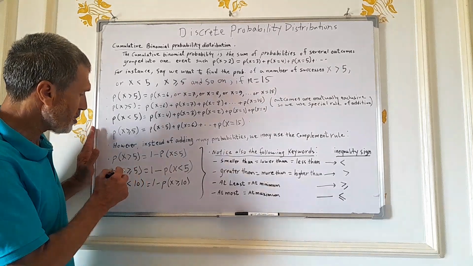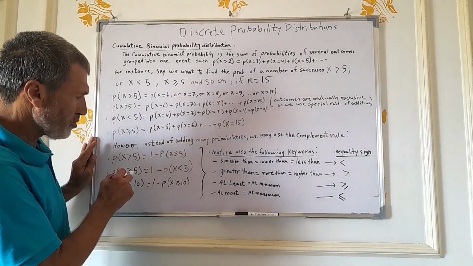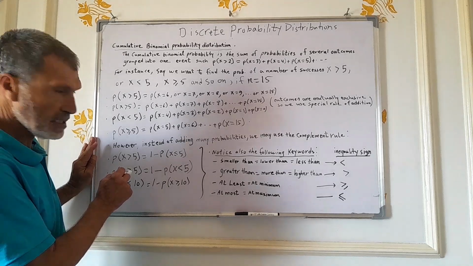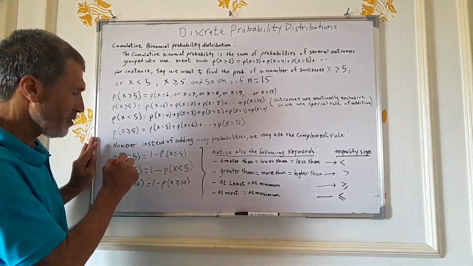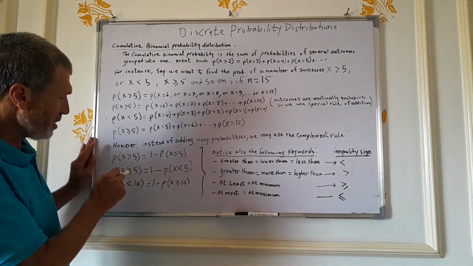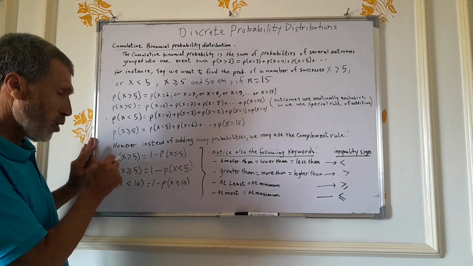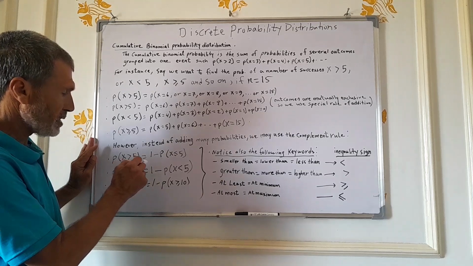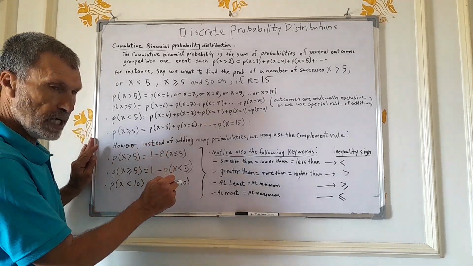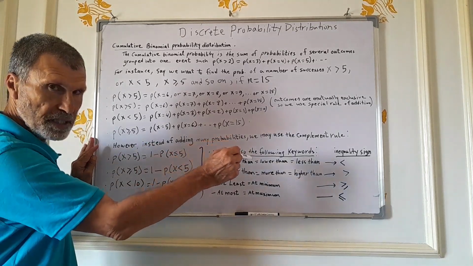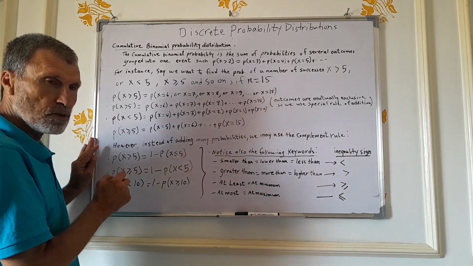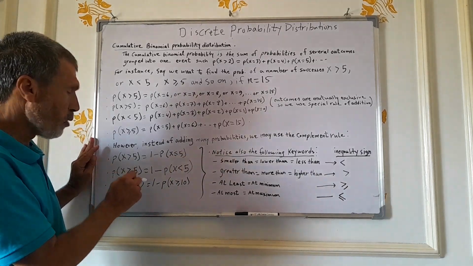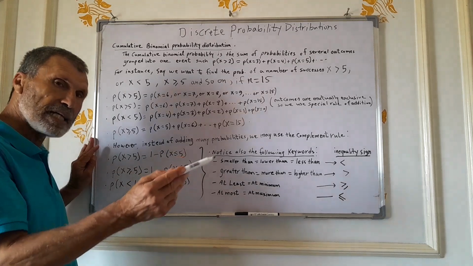Of course, for probability of x greater than or equal to 5, we're going to start from x equal 5. It's going to equal probability of x equal 5, because here it is greater than or equal to. So we start from x equal 5 plus x equals 6 plus x equals 7 all the way to 15. Now, what's the complement of this? It is going to be equal to 1 minus probability of x less than 5.